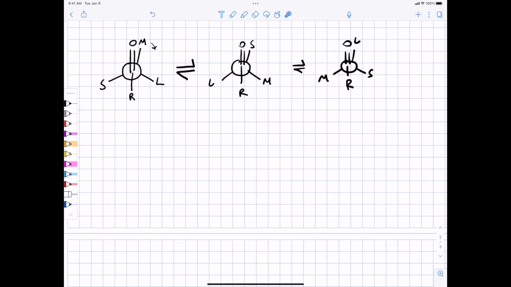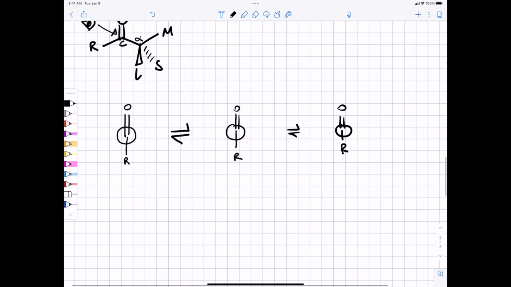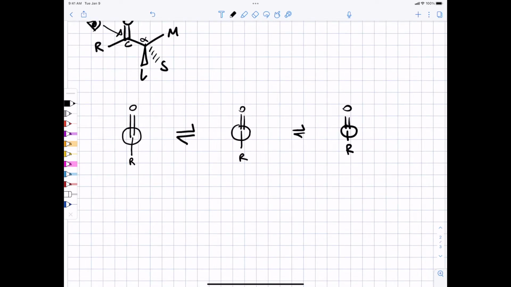So what we'll say is I need to adjust my drawing. I showed a group eclipsed with the carbonyl, and actually a better representation of that would be, there's a group sticking out straight and then a couple of groups like this.